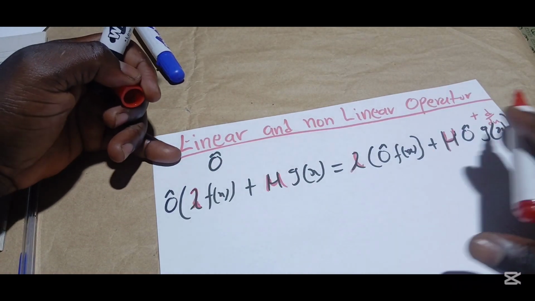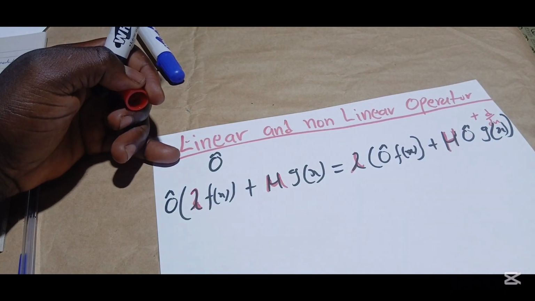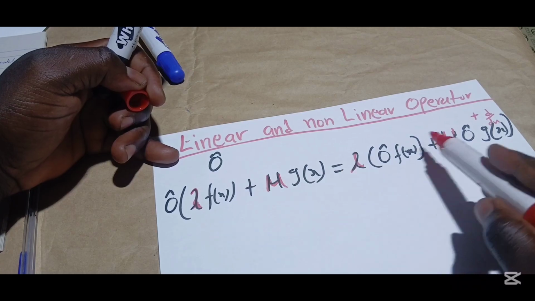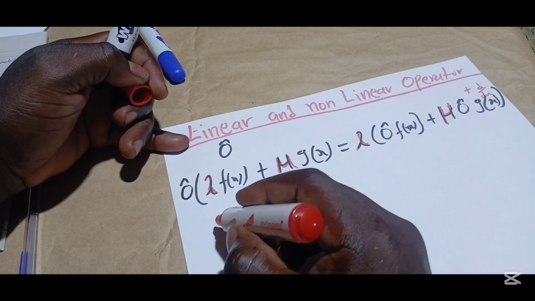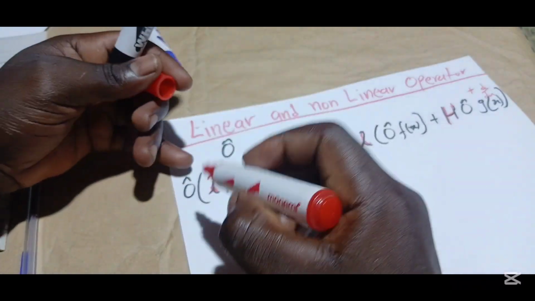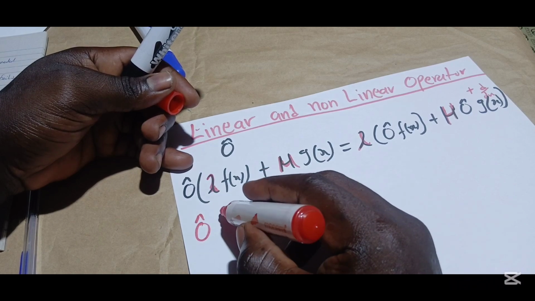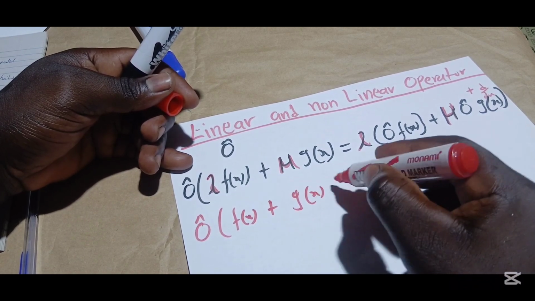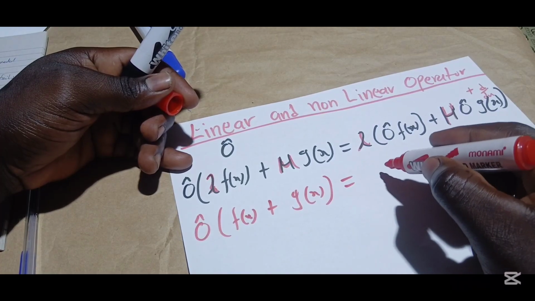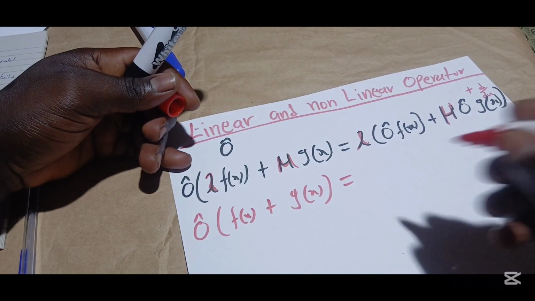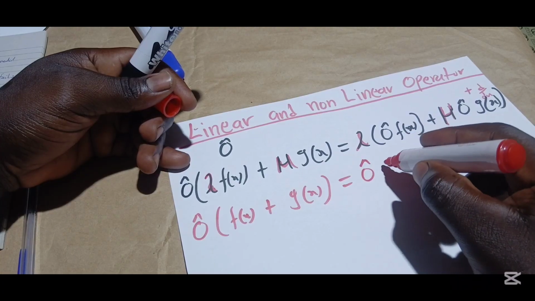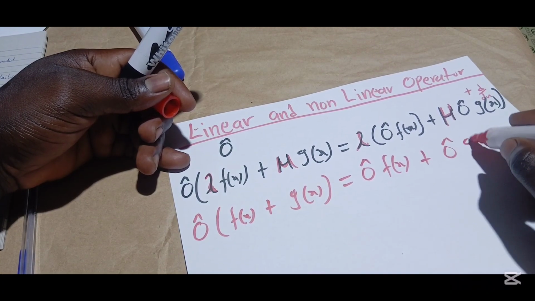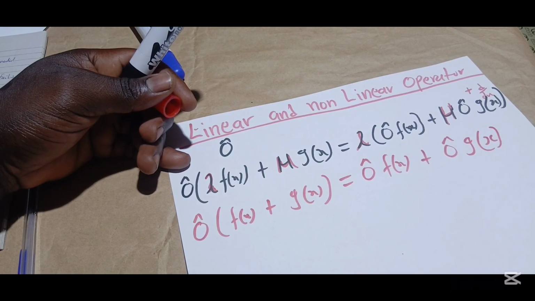So this is a general equation. I'm going to simplify this. Sometimes the function might have a coefficient, right? So let me just simplify this. If we have the operator O operating on the function f of x plus the function g of x, it will give us this operator multiplying the function f of x plus the same operator multiplying the function g of x.